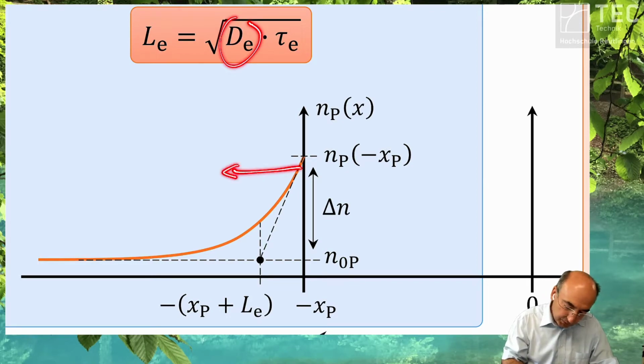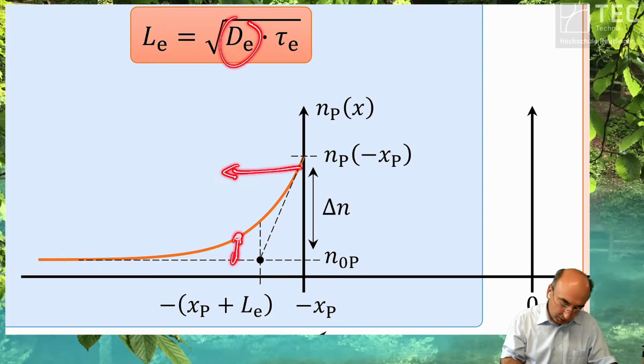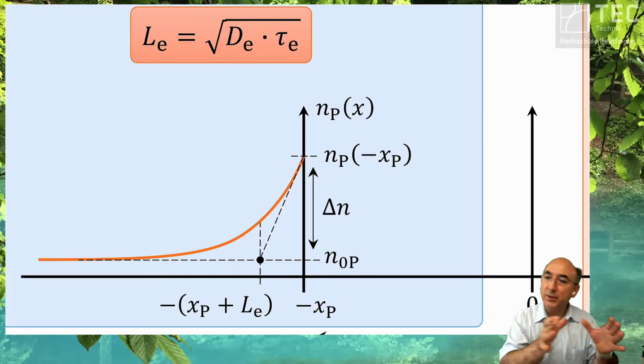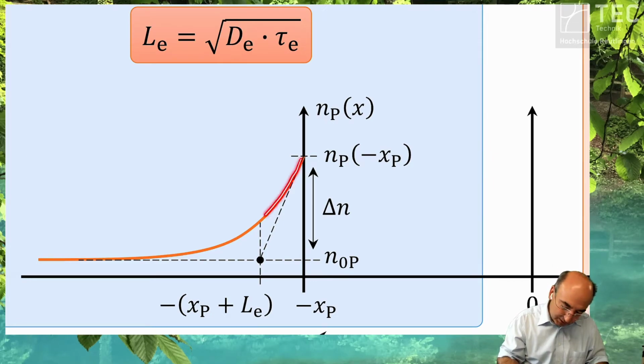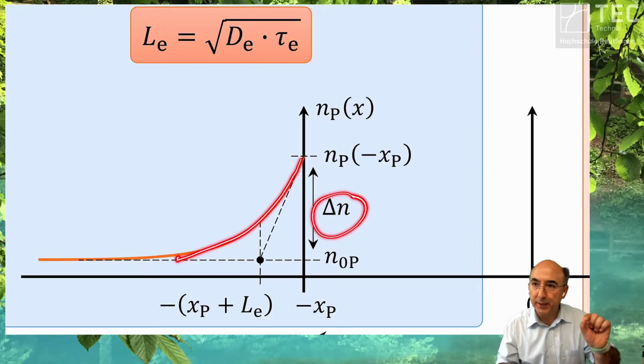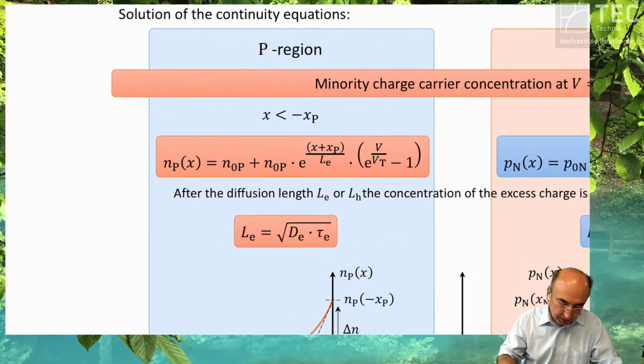If they diffuse, the concentration is lowered, and the lowered excess concentration also tends to recombine, and so on. Diffusion and recombination both play a role for this type of exponential decrease in the injected carriers by the applied voltage. And the full equation is here.